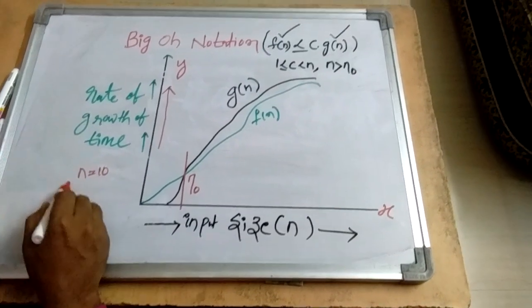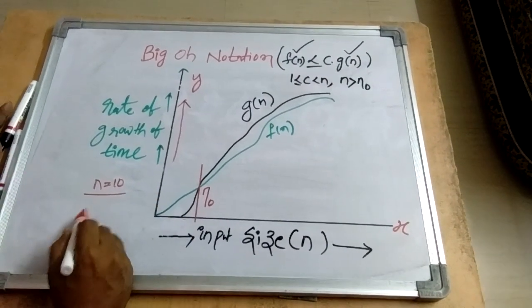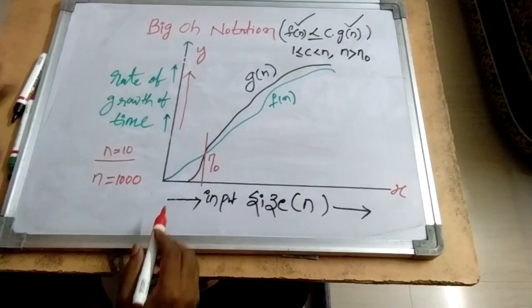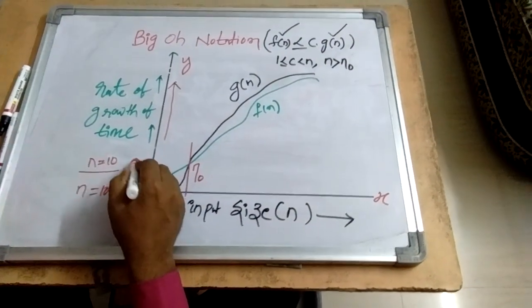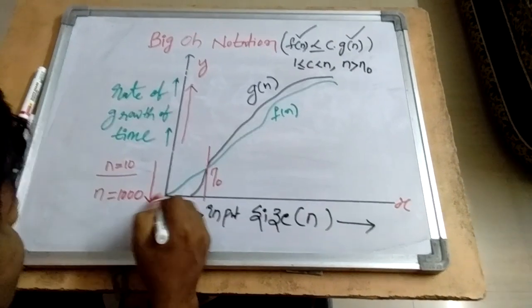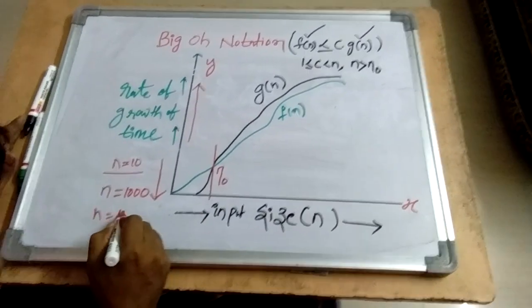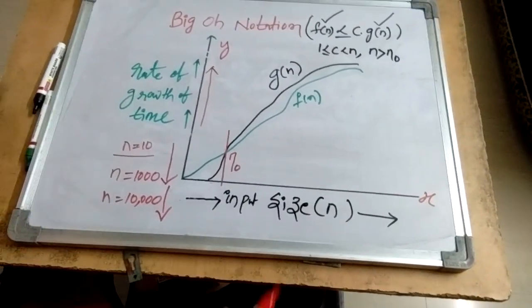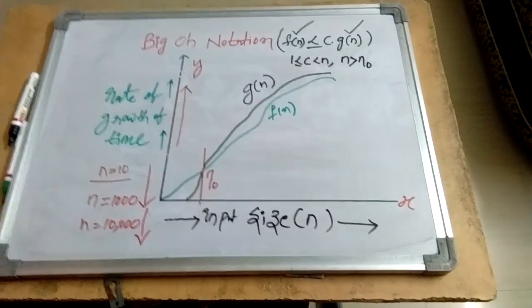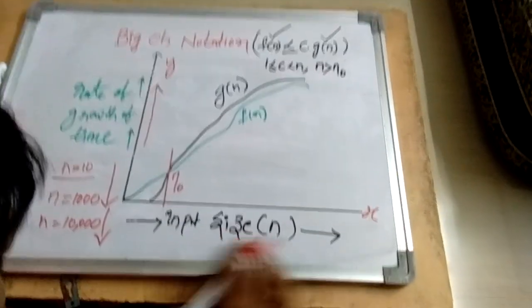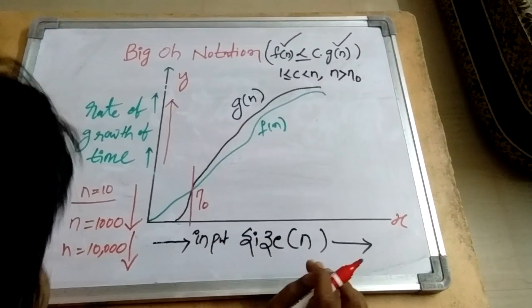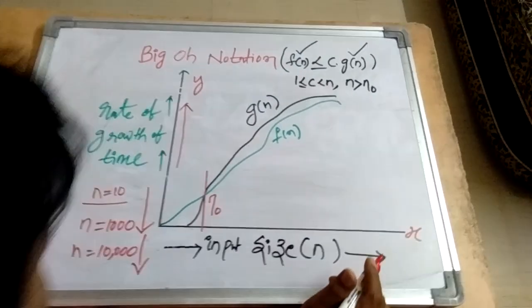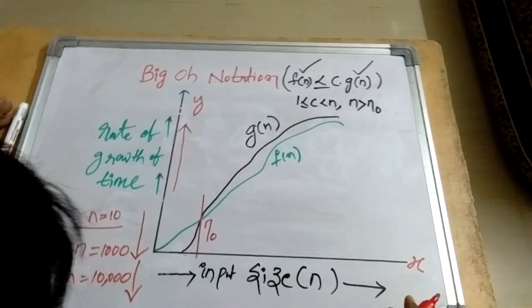If n is equal to 1000, to find the given element in a list of 1000 elements, the CPU time will definitely increase. If n is 10,000, CPU time will be more, because you have to search 10,000 elements in the worst case. So the x-axis represents the input size of the problem, and the y-axis, the time complexity, is simply the rate of growth of time with respect to the input size of the given problem.